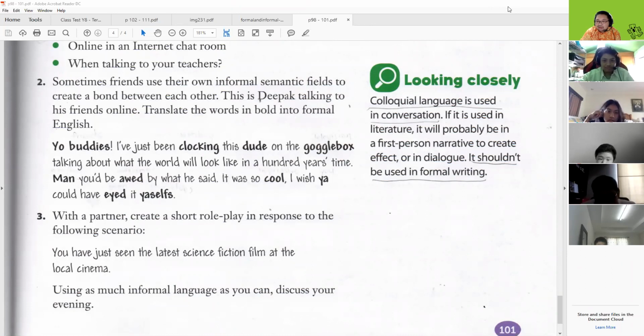Anybody remember what colloquial language is? What is colloquial language? Isn't it language like slang? Yeah, something like slang.